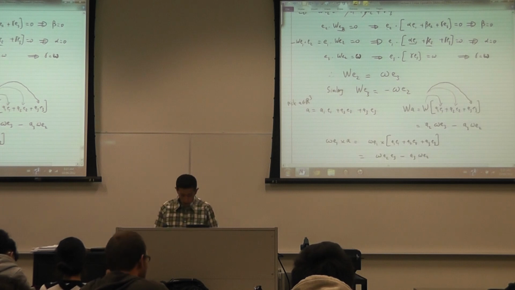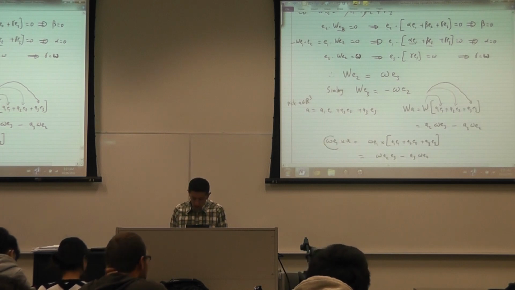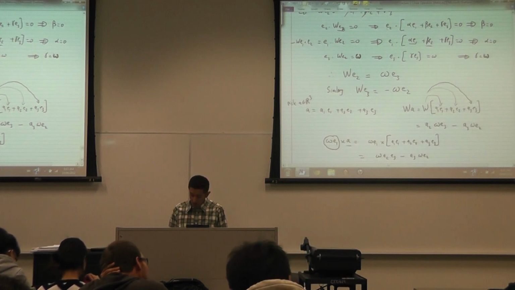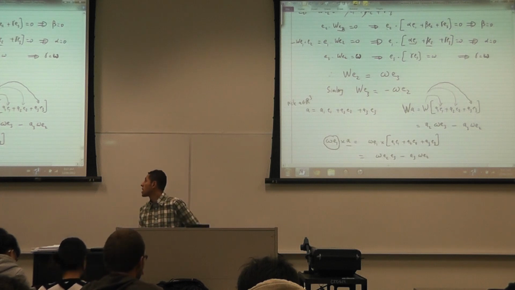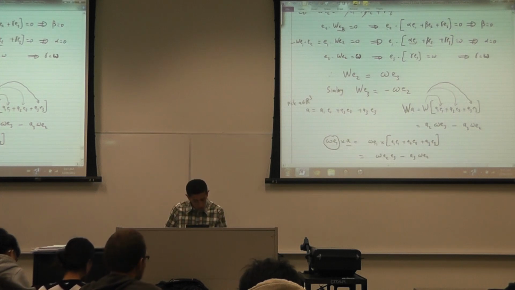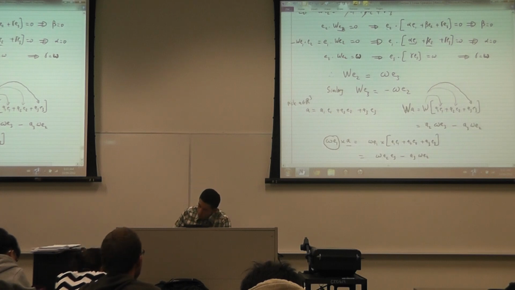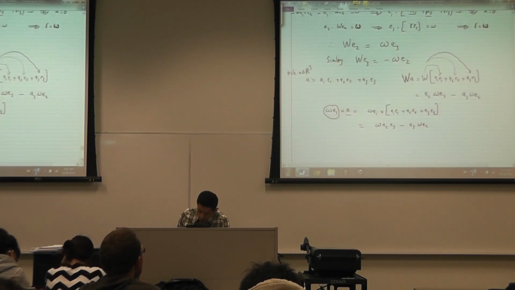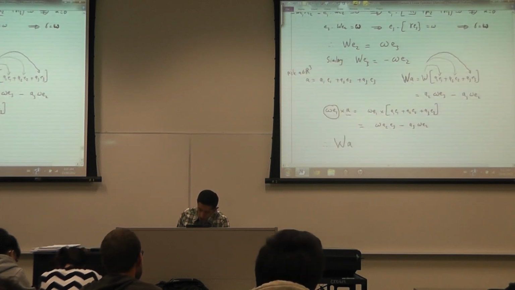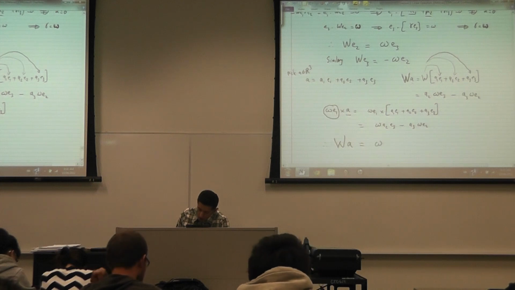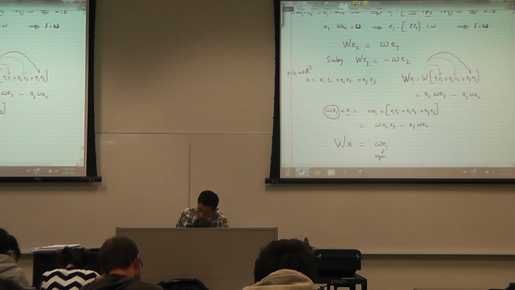Which tells me the following: when I take the cross product between that axial vector and any vector A, it is equal to the action of the skew-symmetric matrix multiplied by A. So the matrix WA is equal to the vector omega E1, and E1 is the eigenvector of W, cross any vector A.